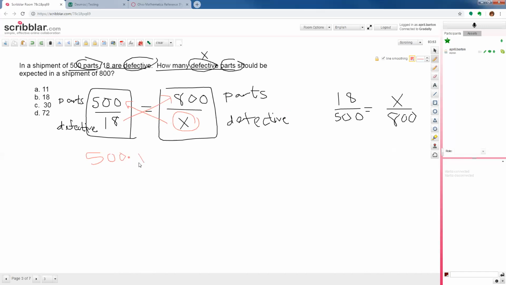One's a variable, one's a number. So we're going to leave it 500 times X. The other direction, we can multiply. 18 times 800. I got 14,400. 14,400, that sounds correct. Yeah, okay, 14,400 is correct.